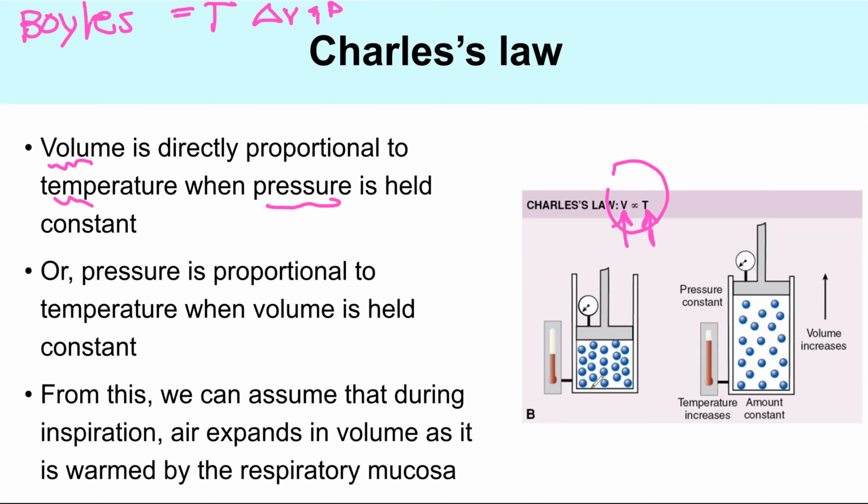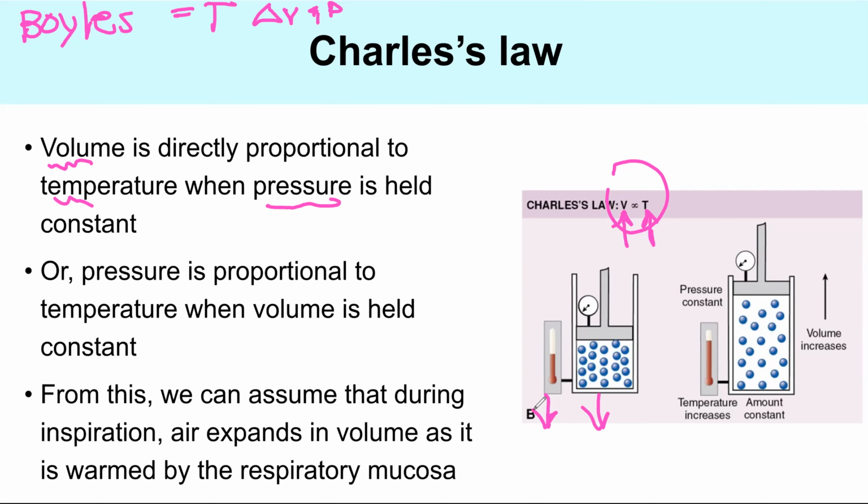Okay, and if the volume decreases, the temperature of the gas is also going to decrease. Okay, and that is at constant pressure. Okay, so another way of saying this is that pressure is proportional to temperature when volume is held constant.